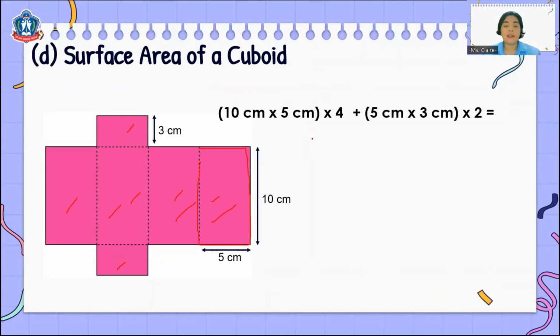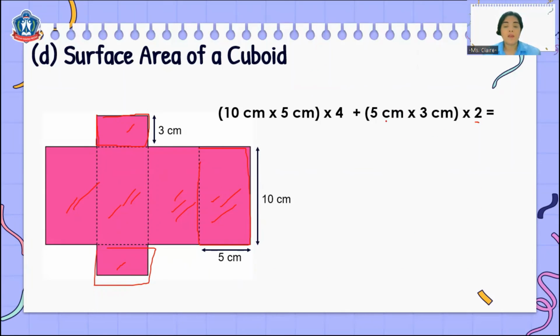Then we multiply the answer by 4 because we have 4 big rectangles. After that, we will get the area of the small rectangle here. There are 2, so we are going to multiply it by 2. We will get first the area of this one.